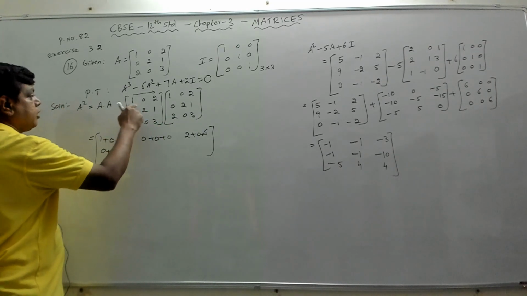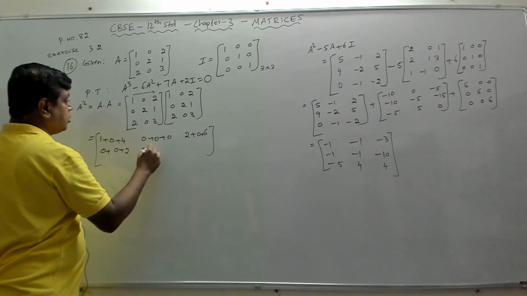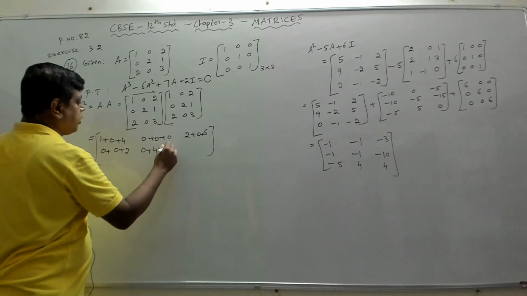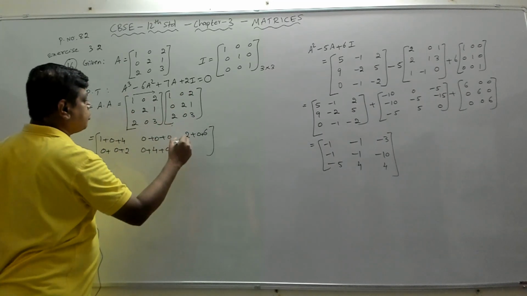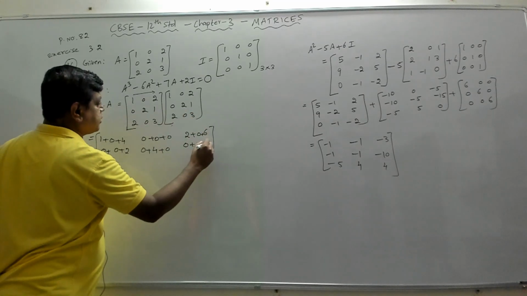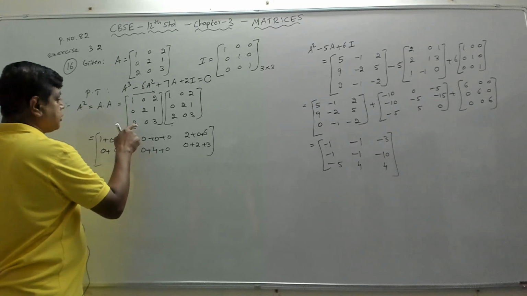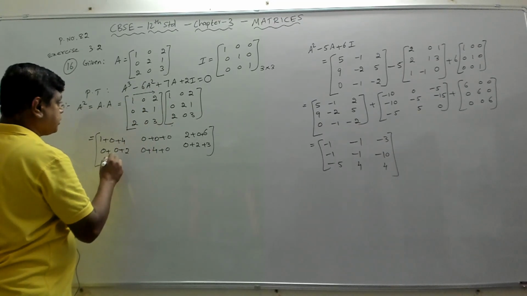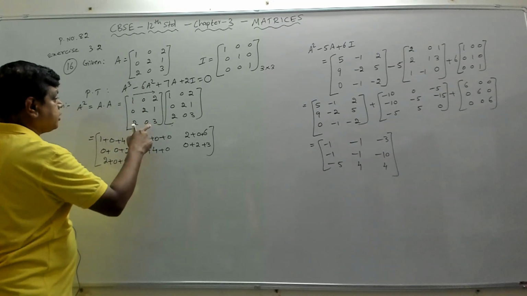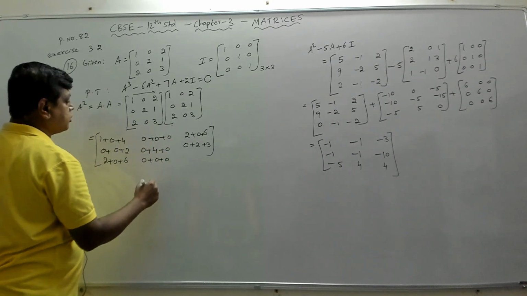We are doing again second row with the first column. Then second row with the second, 0 into 0 is 0, plus 2 into 2 is 4, plus 1 into 0 is 0. Then 0 into 2 is 0, 2 into 1 is 2, 1 into 3 is 3. The last row: 2 into 1 is 2, plus 0 into 0 is 0, plus 3 into 2 is 6, and 2 into 0 is 0, plus 0 into 2 is 0, plus 3 into 0 is 0.